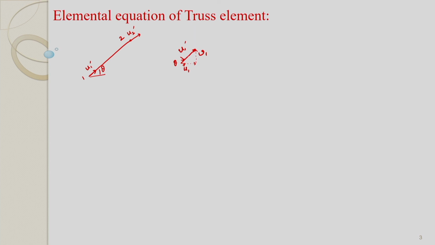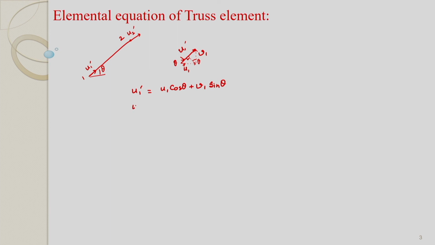So, we can draw this perpendicular, then this angle is also theta. So, we can write u1 prime as u1 cos theta, this is 90 degrees, plus v1 sin theta.